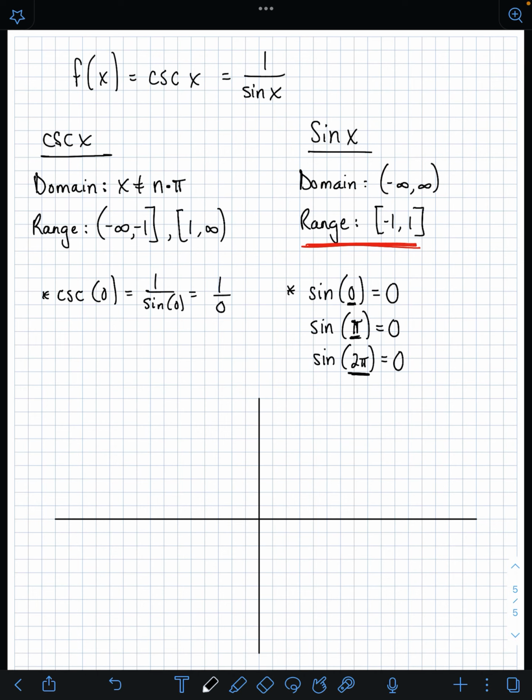Much like tangent did, it will be affected by a vertical distortion, and it doesn't have a midline in the sense that sine does, like a wave. But the entire idea of cosecant of x is that it's entirely based off of what the sine function is doing. So let's come down here and take a look at the sine function, and it will help us understand what cosecant is doing.